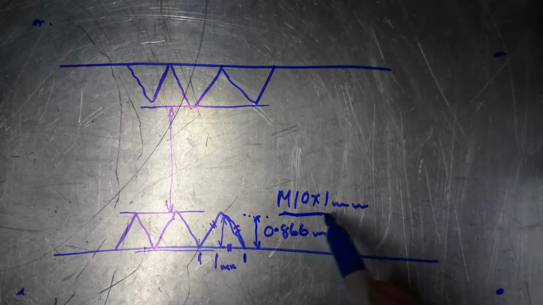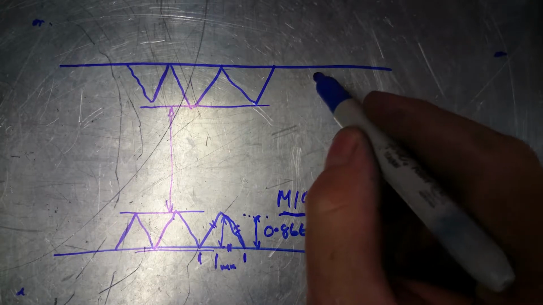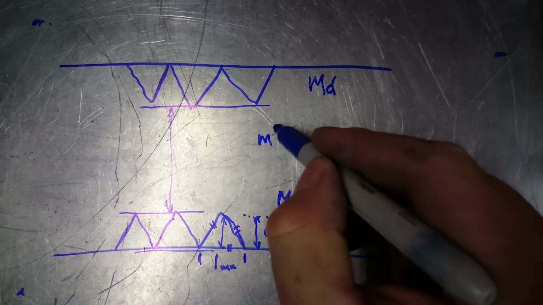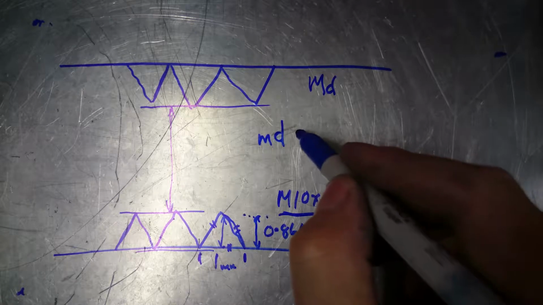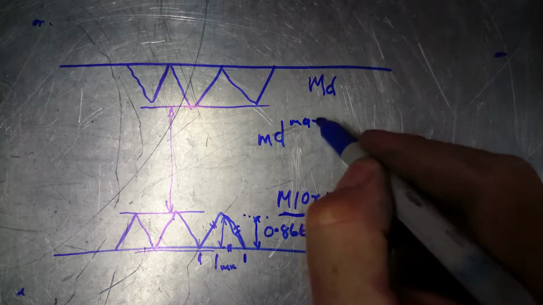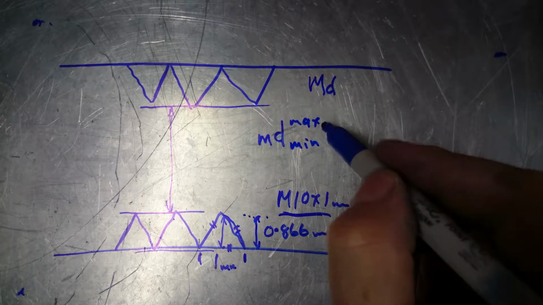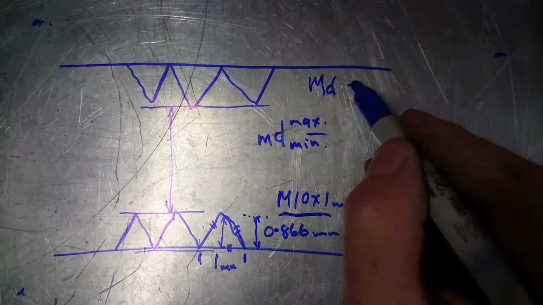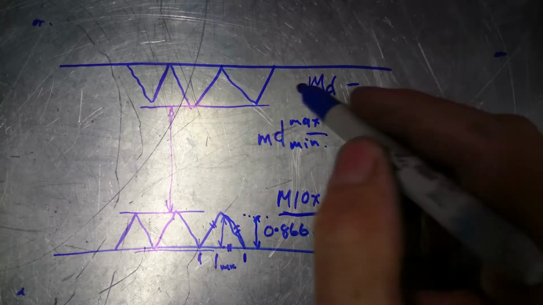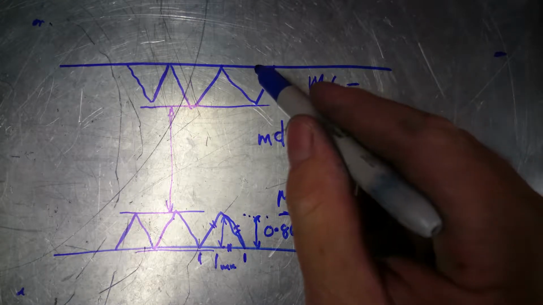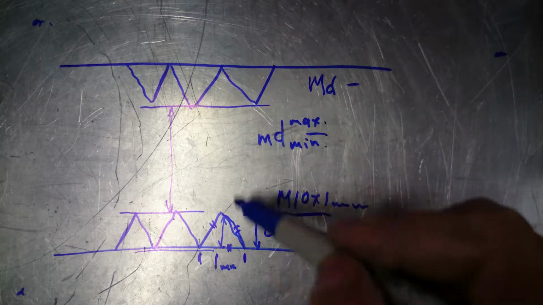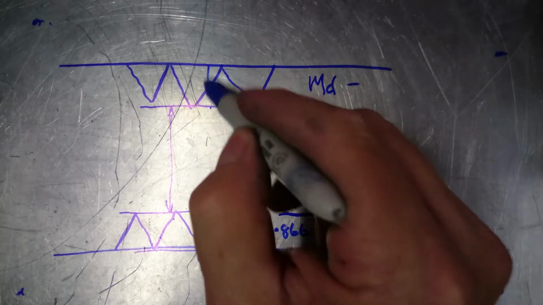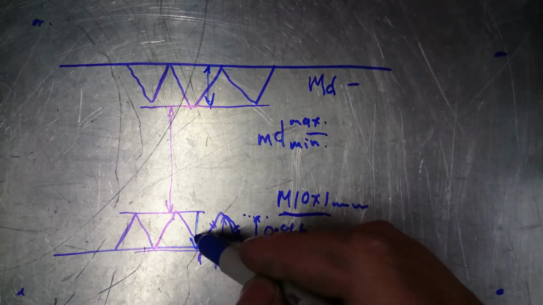So if we take those tolerances in the thread specification, we'll see that it's called the major diameter, the minor diameter, and if we take the max and minimum of each of those and we calculate the average between the two, then if we take the major diameter average and subtract the minor diameter average, that will give us the depth of the thread on both sides, because it's the difference between the OD of the part, or the major diameter, and then the minor diameter, which is the total distance from there to there plus there to there.